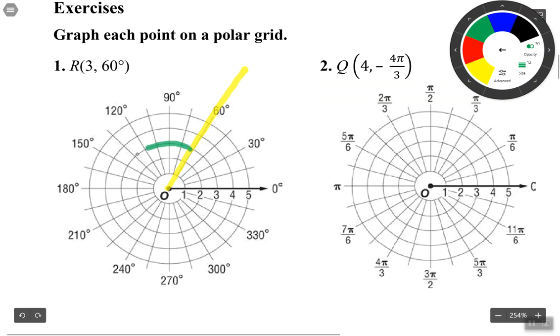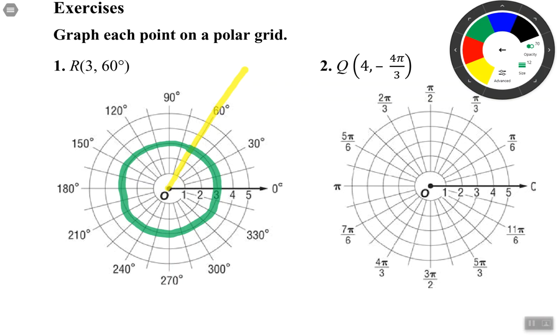Is this whole circle a radius of 3? And where does this intersect? Right here. Is that the point with a radius of 3 and an angle of 60 degrees? Is that pretty easy? That was easy.